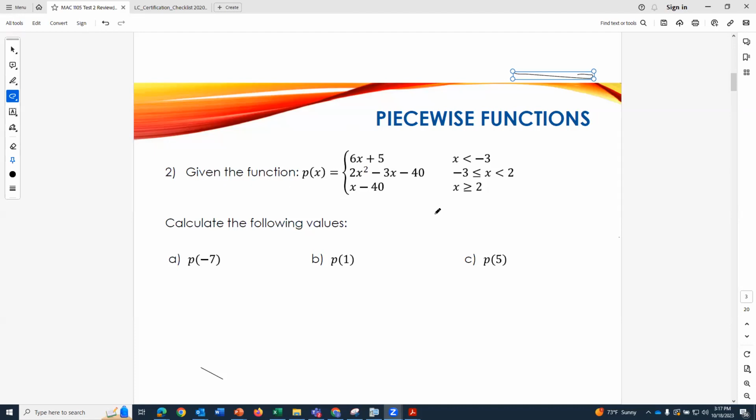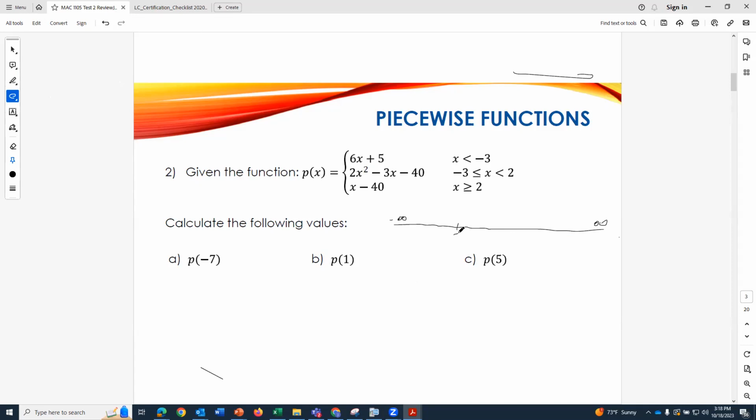And what we're going to do, let's draw a line here. And we have negative infinity to infinity. And we have two numbers.